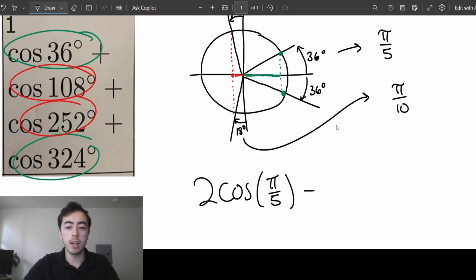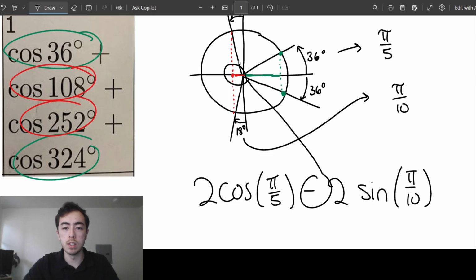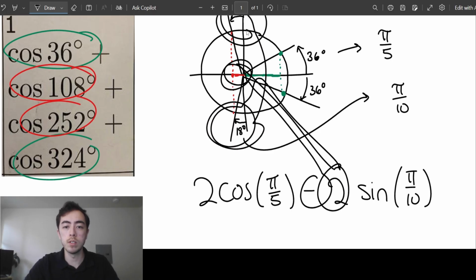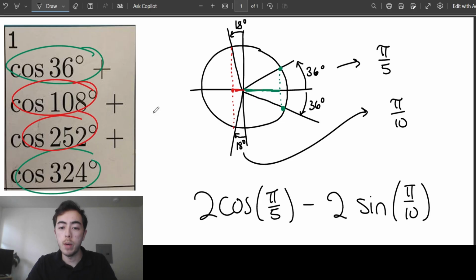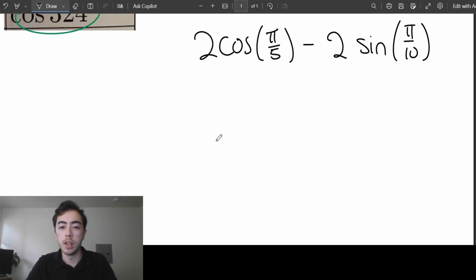Then I'll subtract twice sine of pi over 10, subtracting because this value is going to be negative, twice because we have 2 of these angles going backwards. This sine of pi over 10 technically represents this vertical distance, but because of symmetry with right triangles, that's also that orange distance I drew earlier. Now we can substitute in values for cosine of pi over 5 and sine of pi over 10.